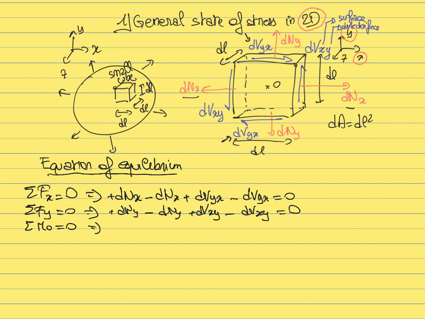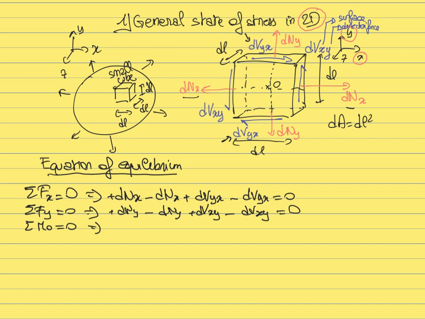Because their line of action is going through the point O. So their moment would be 0 about O. Same thing, dNy, their line of action is going through the point O. So the normal forces dNy also do not create any moment about the point O. So the only forces that will be creating a moment about O will be the shear forces.